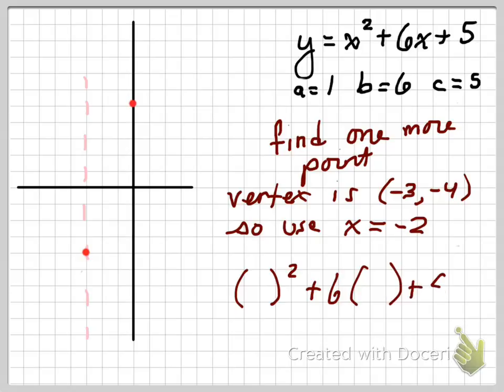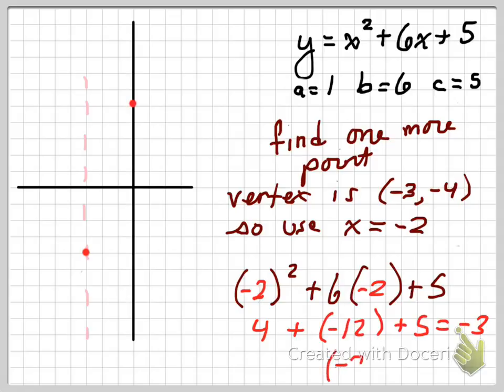Again, I write our quadratic, plug in negative 2, and evaluate at that point, and I get negative 2, negative 3. So now I can plot that point, the third red point there at negative 2, negative 3.